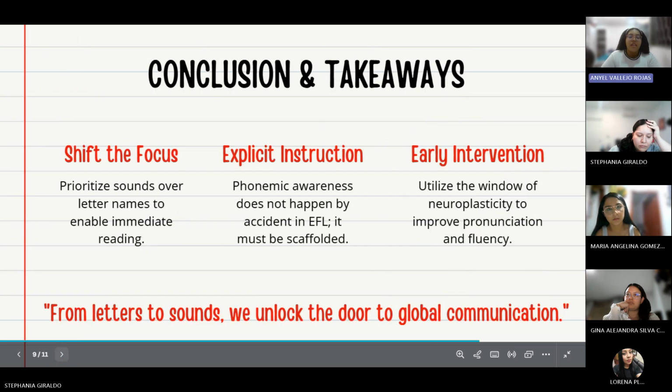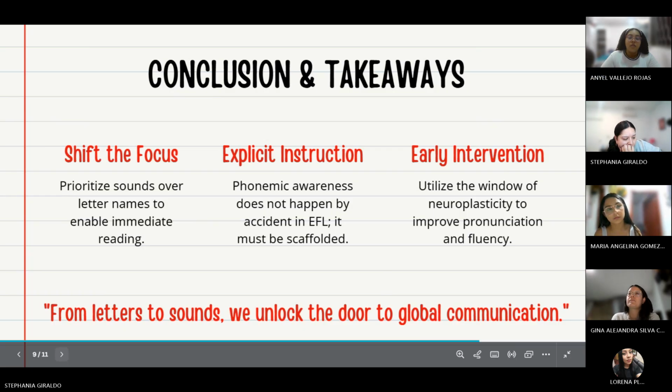And to conclude, adaptive phonics-based strategies in the Colombian EFL classroom could improve pronunciation, reading skills, and confidence from an early age.